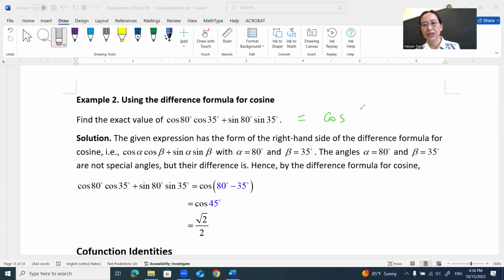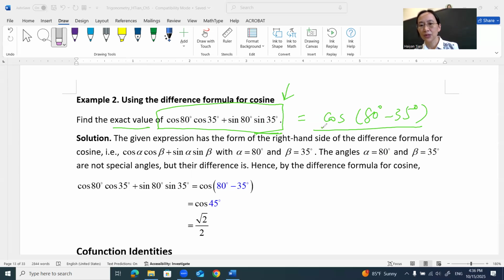This cosine of the difference, because they are identities, right? This one is the same as that one, but this expression is not possible for us to find the exact value of.